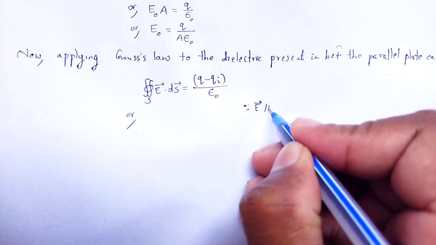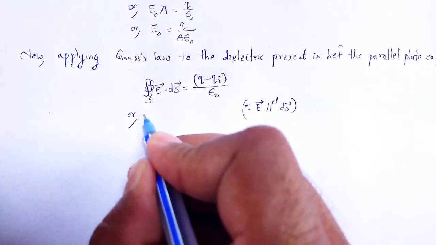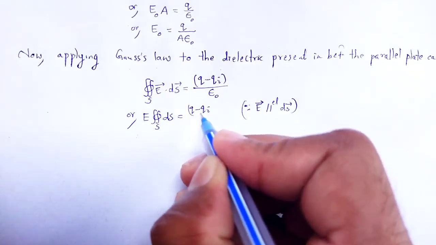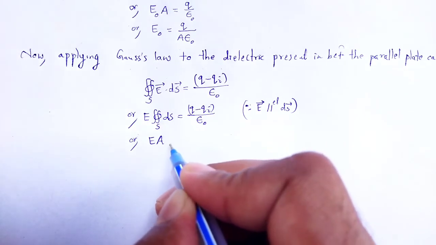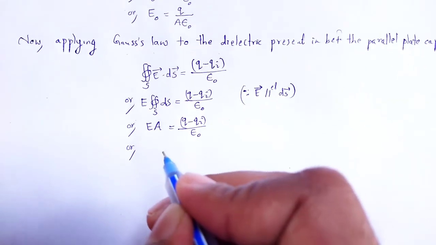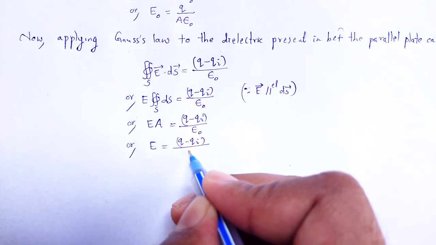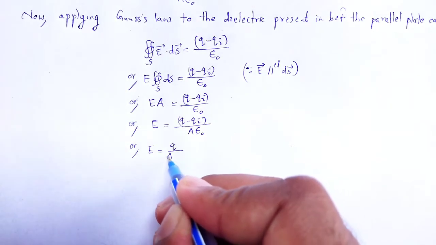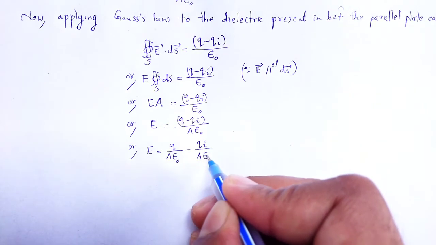So E ds cos 0 is 1, E times closed surface integration ds is equal to Q minus Qi divided by epsilon naught, or, with surface area of the plate A, E is equal to Q minus Qi divided by A epsilon naught, or E is equal to Q divided by A epsilon naught minus Qi divided by A epsilon naught.